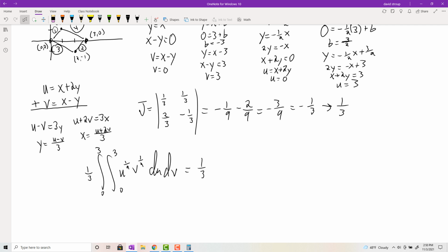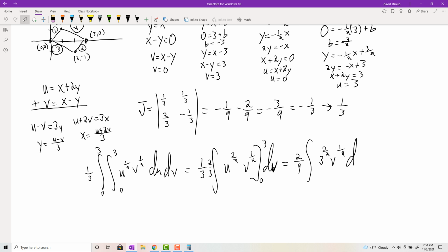So it's going to be 1/3 integral of u now to the 3/2 times 2/3 v to the 1/2, evaluate du, or sorry, dv now on the outside. Plug in 0 to 3, so you're going to get 2/9, and then integral of 3 to the 3/2 v to the 1/2 dv.